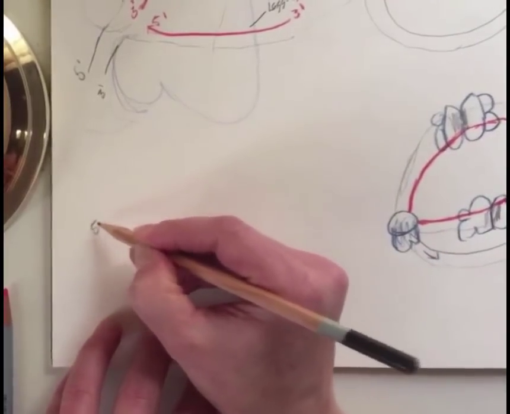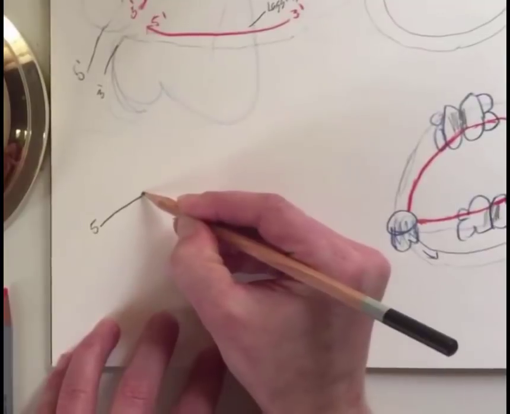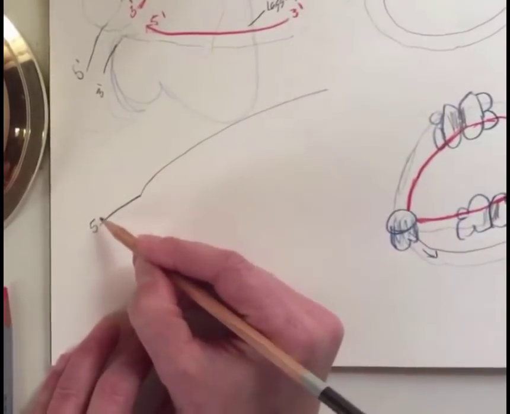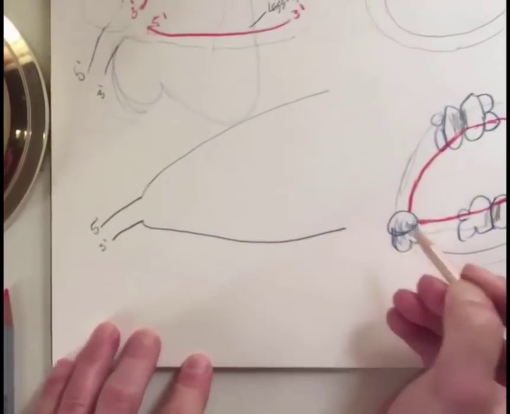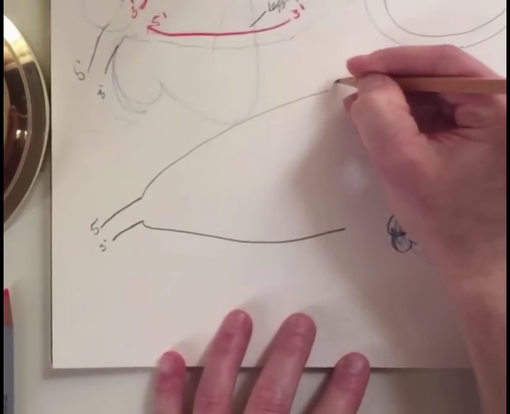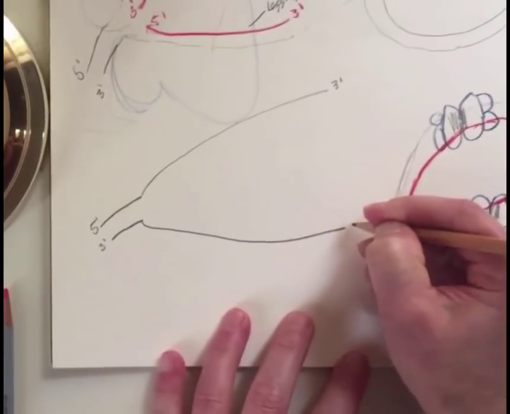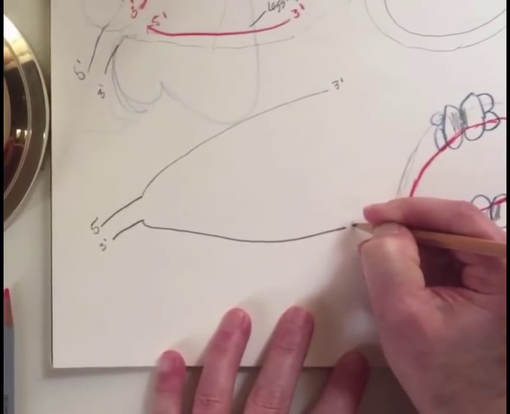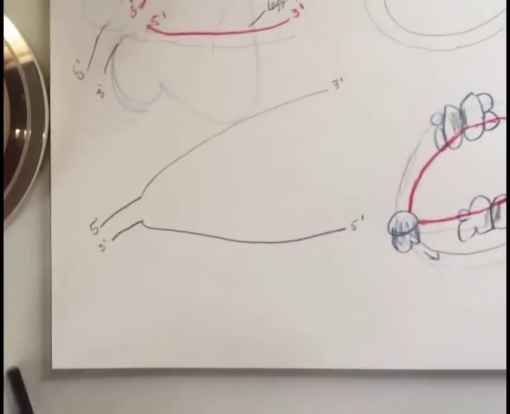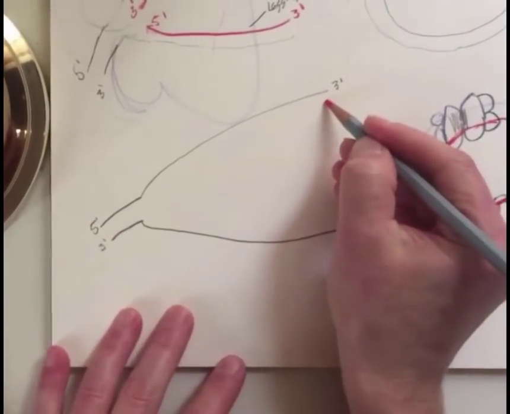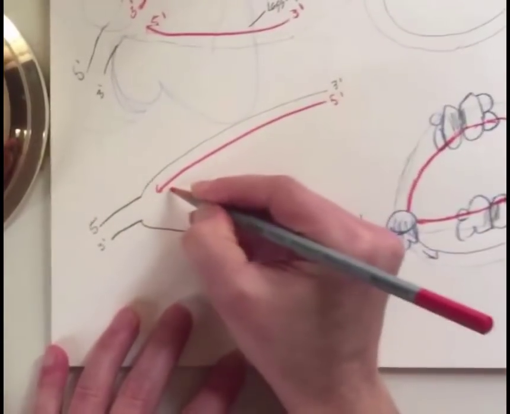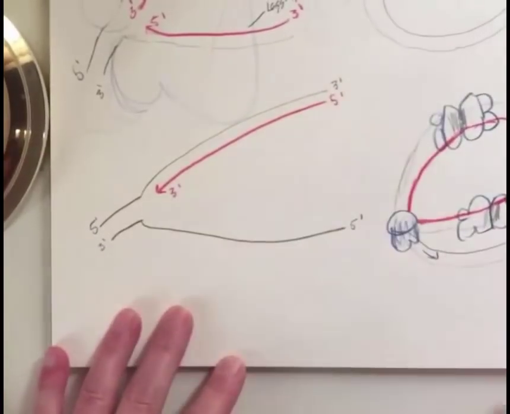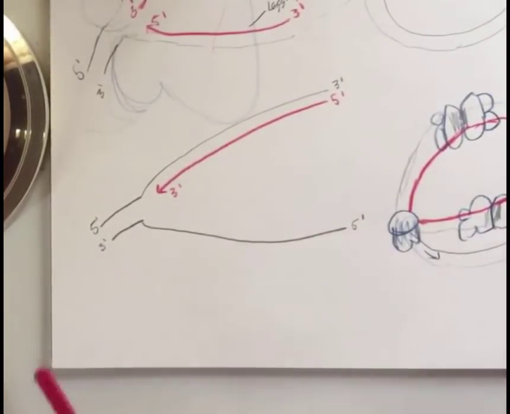So once again, we'll take our attention to this particular replication fork. No problem for the leading strand, 5' to 3'. But this lagging strand cannot get synthesized 3' to 5'.